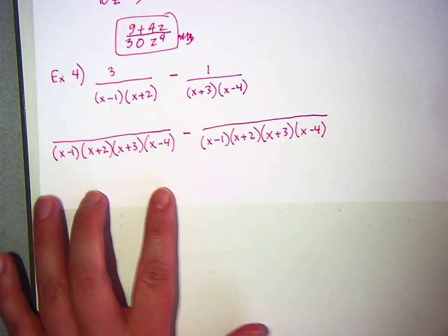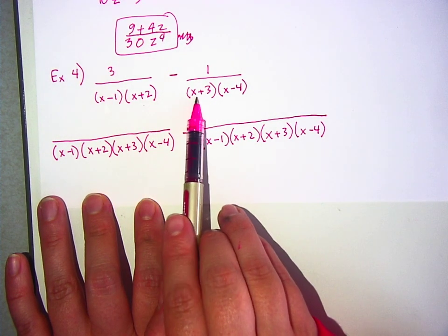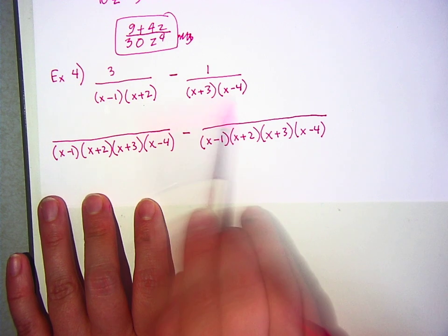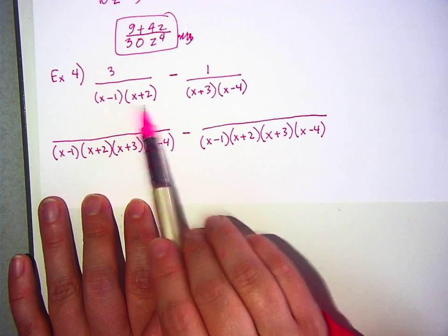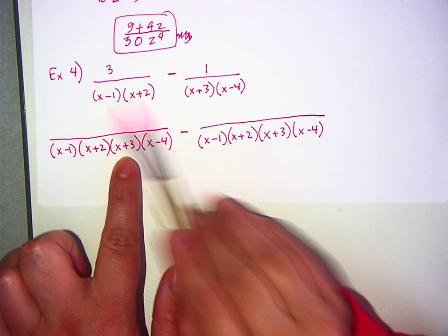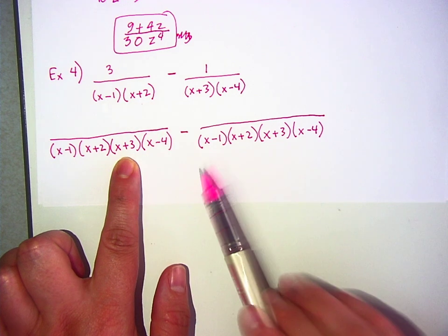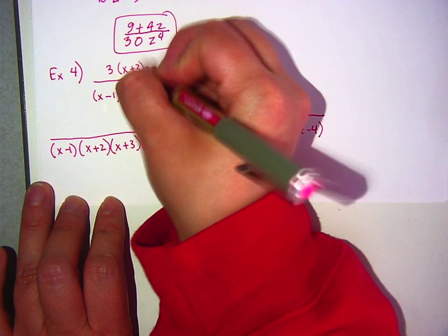So I've got x minus 1, x plus 2, x plus 3, and x minus 4. What is this side missing? It's missing the x plus 3. What else? X minus 4. So I'm going to multiply the top by x plus 3 and x minus 4.